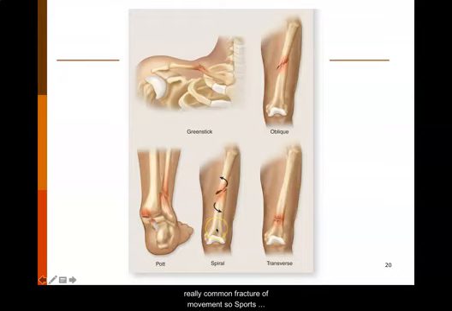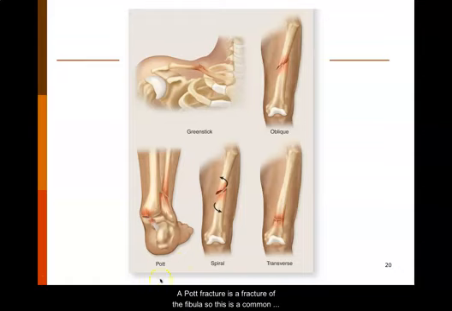Really common fracture of movement. So sports fractures or bone breaks that might occur during athletic performance, running, jumping, those kinds of things. Spiral fractures are also common from vehicle accidents, right? The body's in motion and gets twisted. Those kinds of fractures can occur.